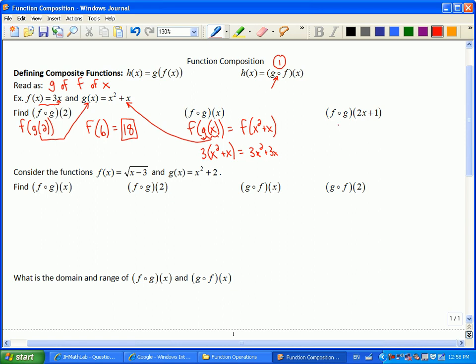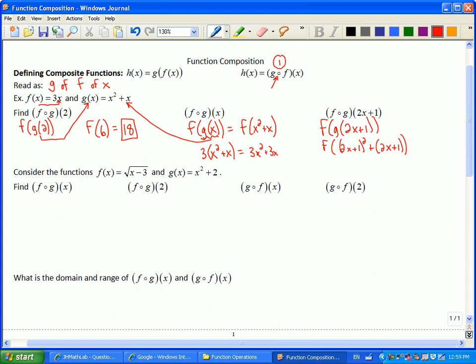All right, so if you make this substitution into the first function, you're looking at unraveling this. I'm going to be dealing with g of x, which squares it and adds the value, so it's going to be 2x plus 1 squared plus 2x plus 1.